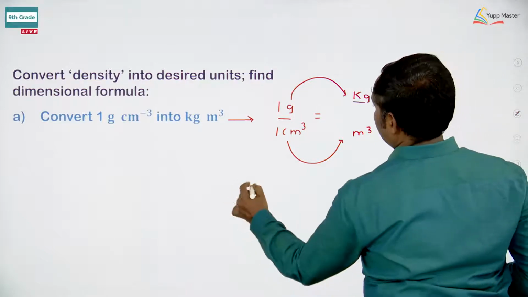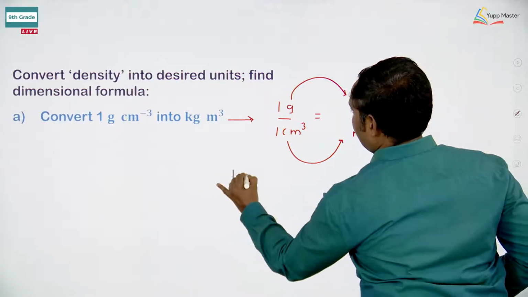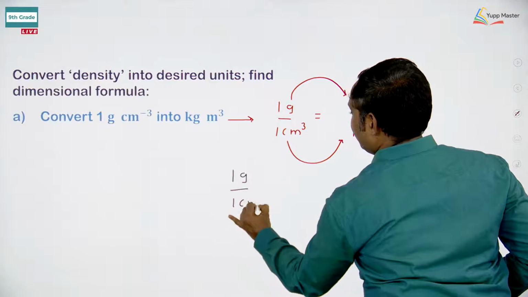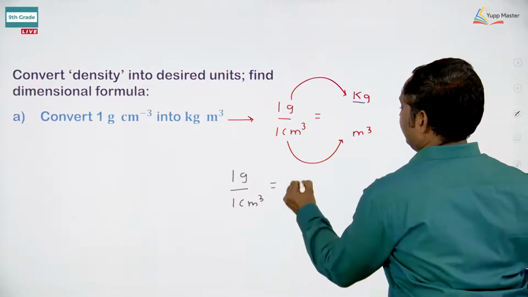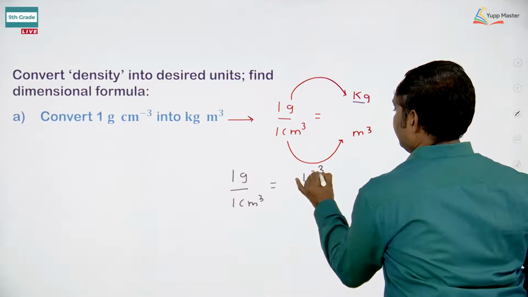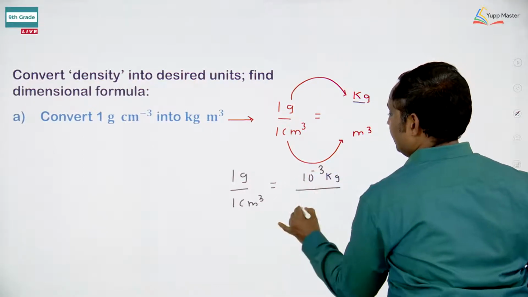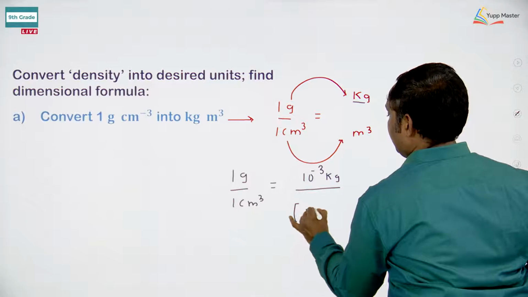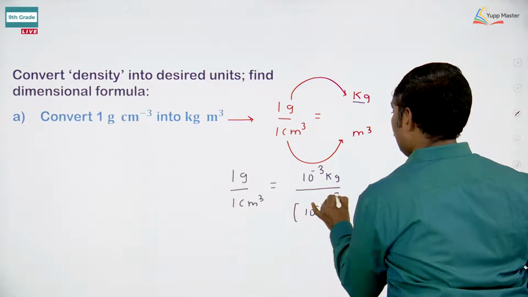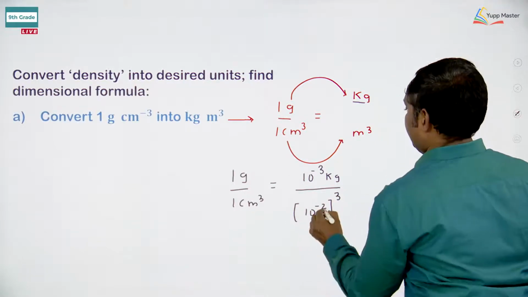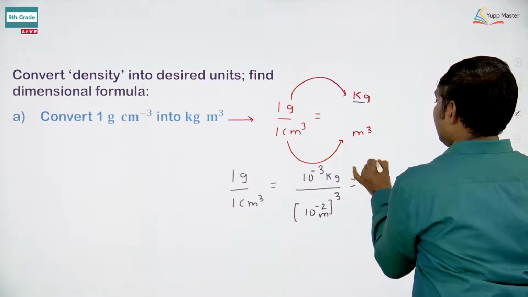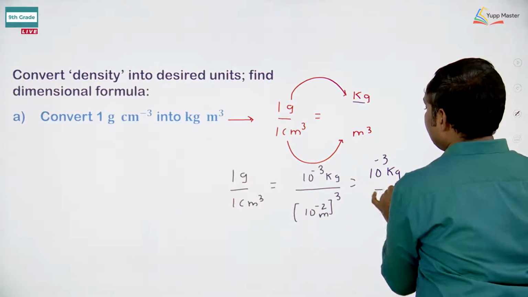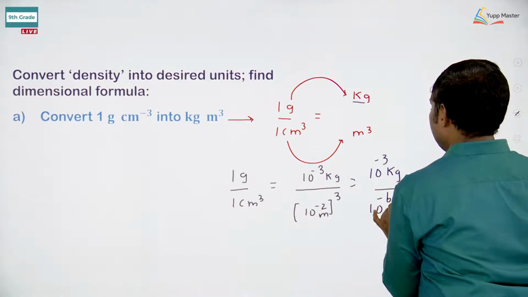If you know that, 1 gram by 1 centimeter cube is converted in terms of kg: 10 power minus 3 kg by (10 power minus 2 meter) whole cube, that is 10 power minus 3 kg by 10 power minus 6 meter cube.